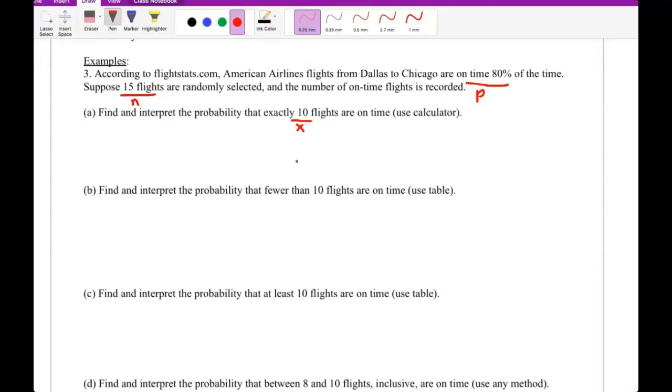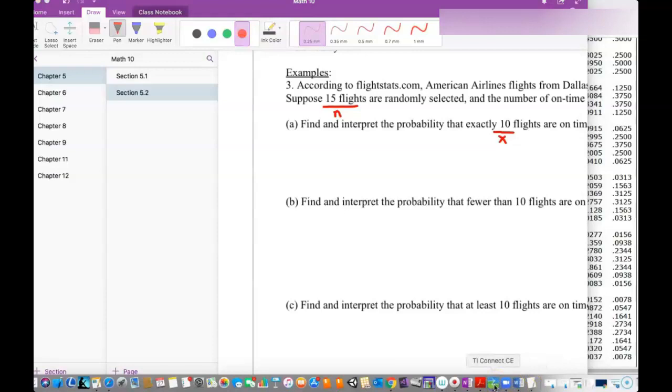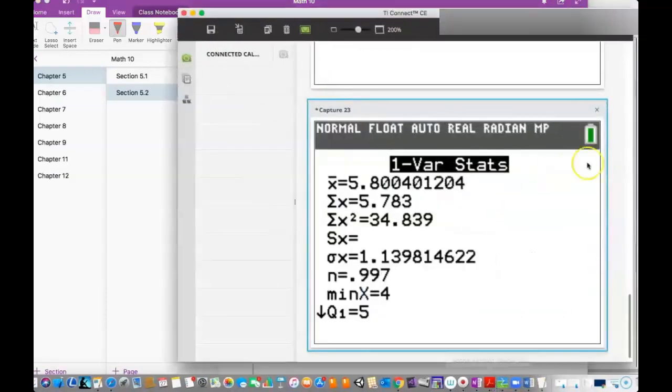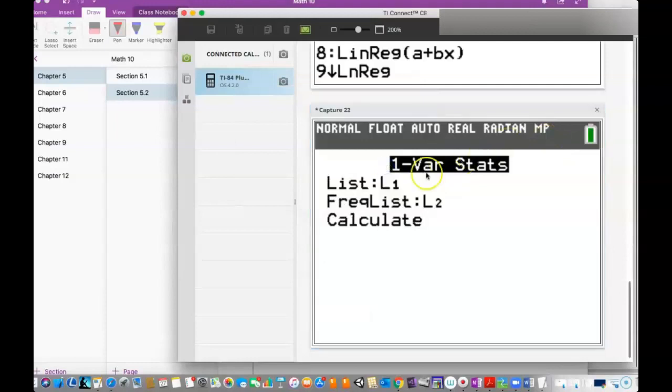Okay, I don't have my software installed on my PC, so instead I'm using another program to take a picture of my calculator. So I'll show you that. First press second, then VARS.